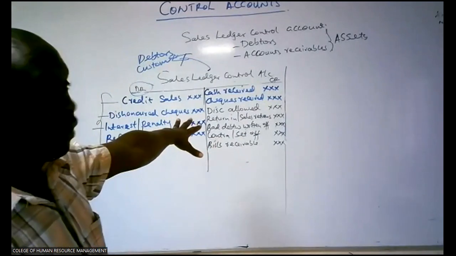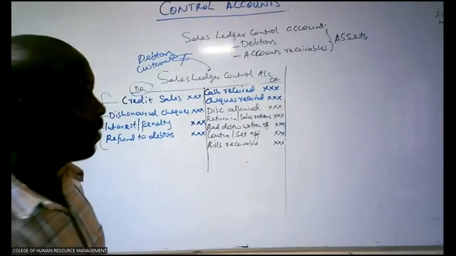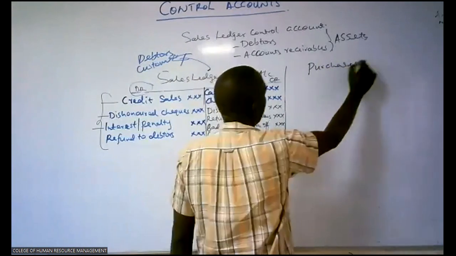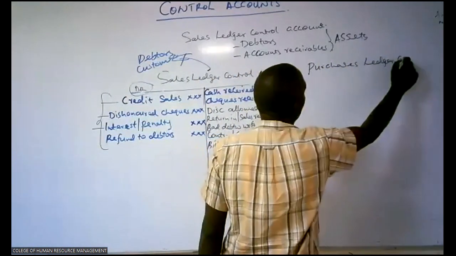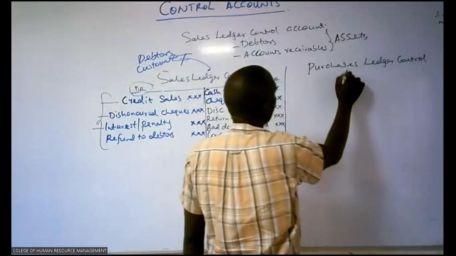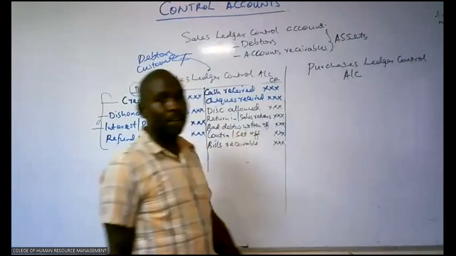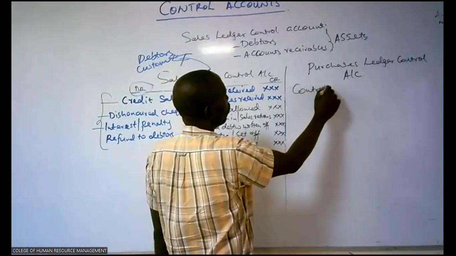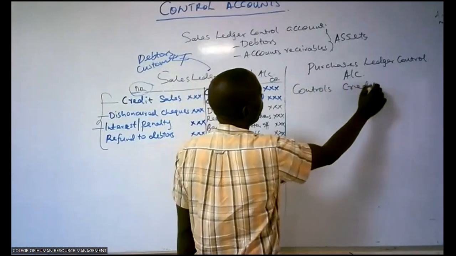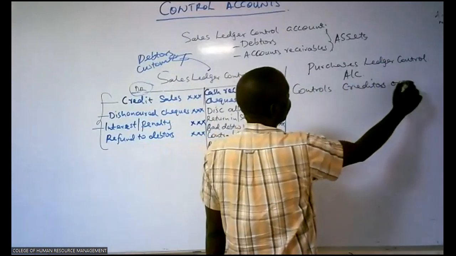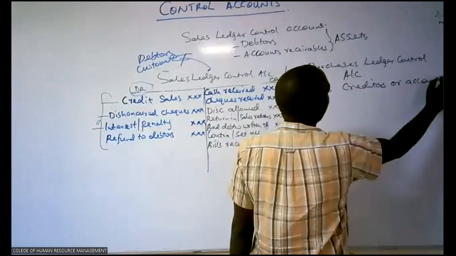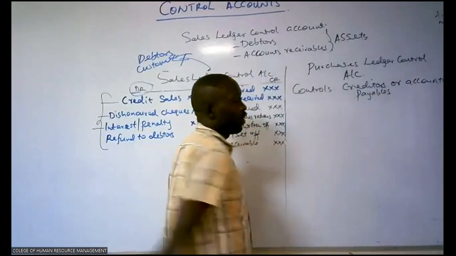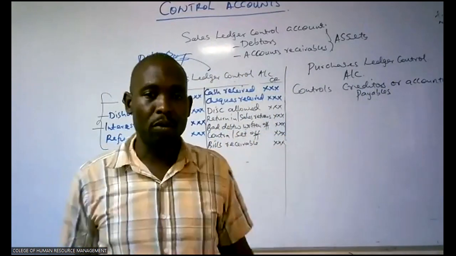So then you are going to balance your account. The purchases ledger control account. This one controls creditors, also known as the accounts payables.